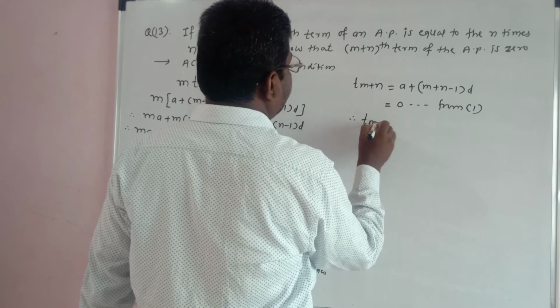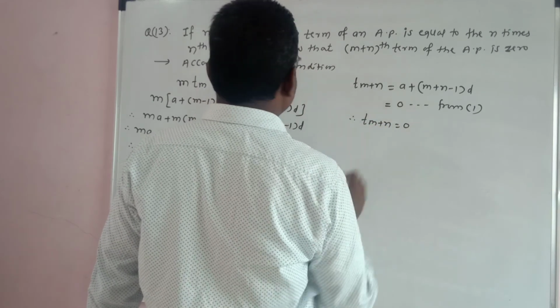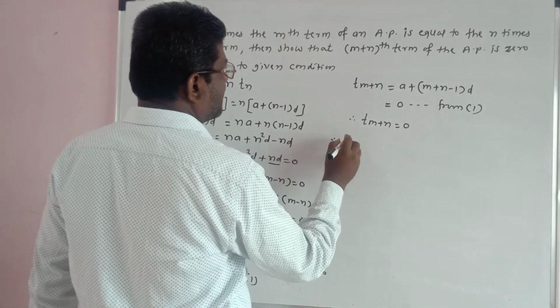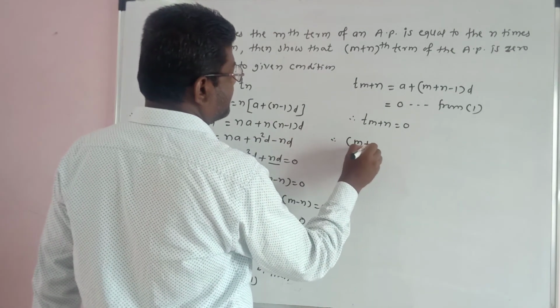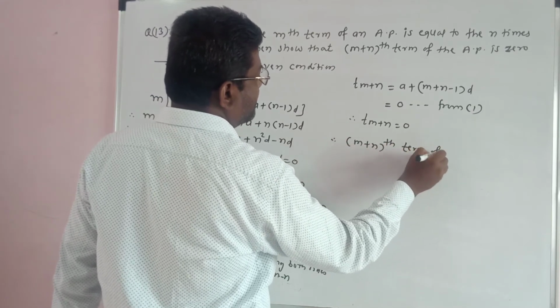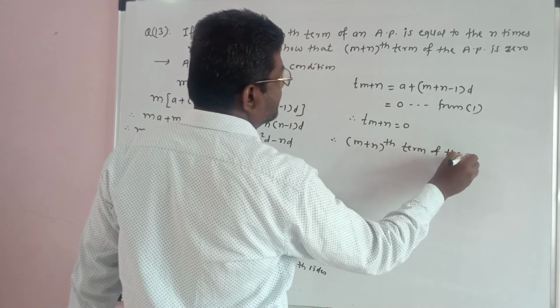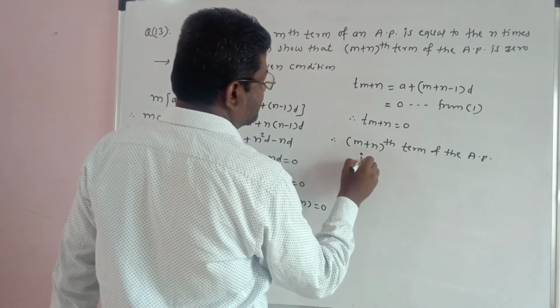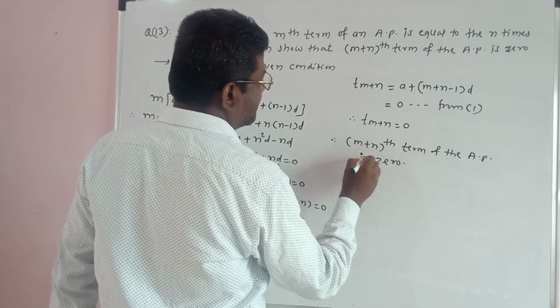Therefore t m plus n is equal to 0. Therefore the m plus n term of the AP is 0. Hence proved.